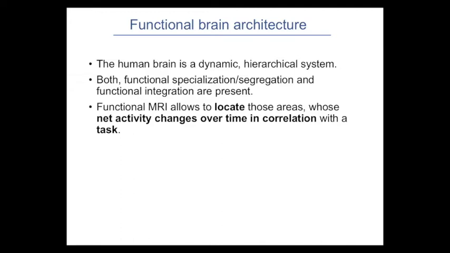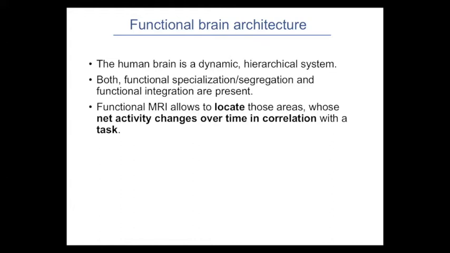And importantly, we only see neural signals that change their activity over time. So not everything that is required to perform a task will necessarily light up. If you think about a simple flickering checkerboard, then you see visual cortex because you modulate its activation, but you don't see all the higher areas because they're present throughout the whole task to maintain your attention and keep you awake.